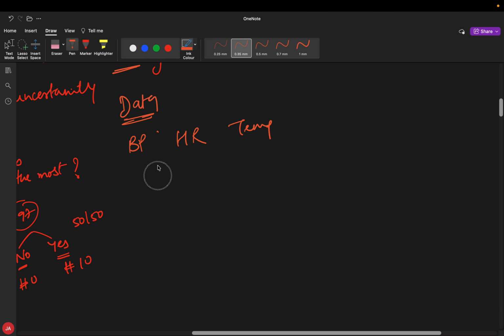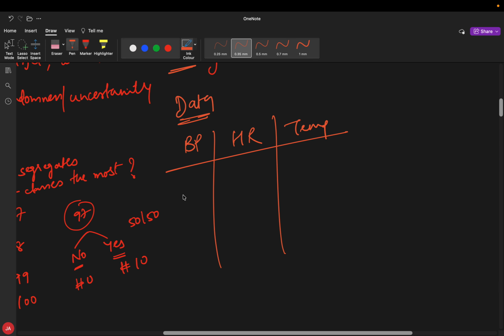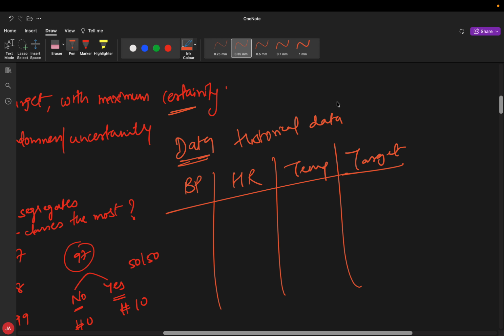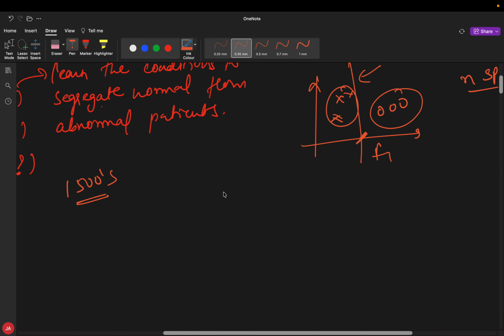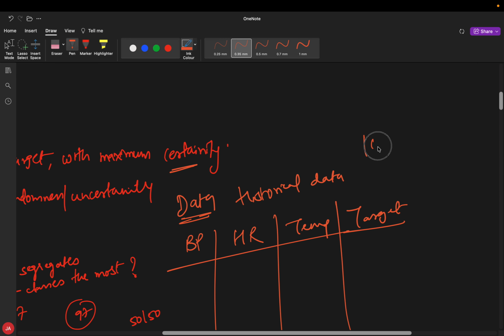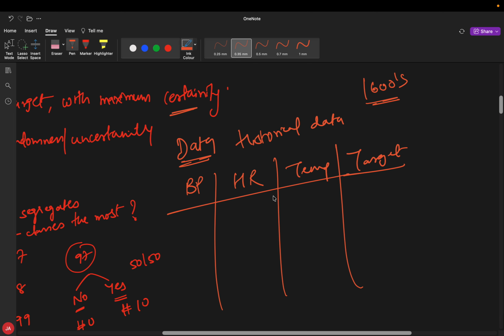We have some data of some patients, and for this data we also have the target. This is the historical data. The problem was from the 1500s, but the solution came in the 1600s. Let's say we have 100 years of data.